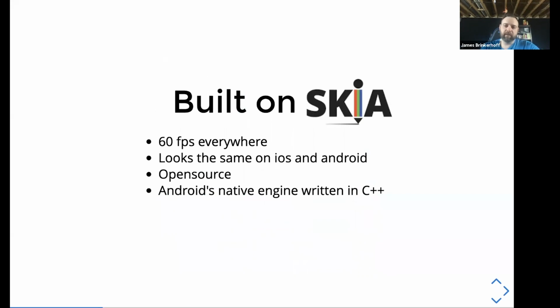And it's built with Skia, and that's what Android actually uses, I believe, for their visual library. If you're building an Android app, it's going to be written on top of Skia. I believe it's also the rendering engine for Chrome, and with it they're able to target 60 frames per second everywhere.